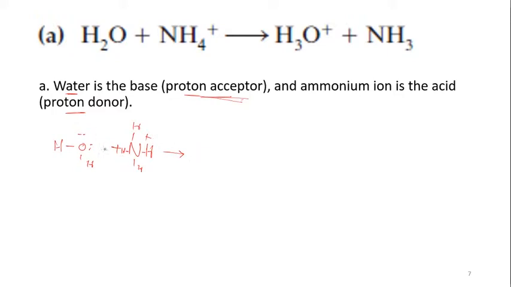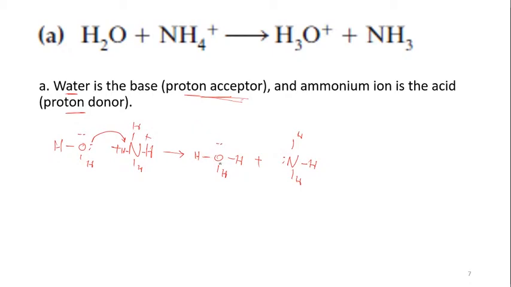Now, what will happen is one of those lone pairs will move to this bond, so the proton moves from the ammonia to the other side. So I will have here H, O, H, H, with 1 non-bonding pair, and I will have here the nitrogen. So I have 1, 2, 3, 4, 5, the same charge for the nitrogen, so there is no positive or negative.